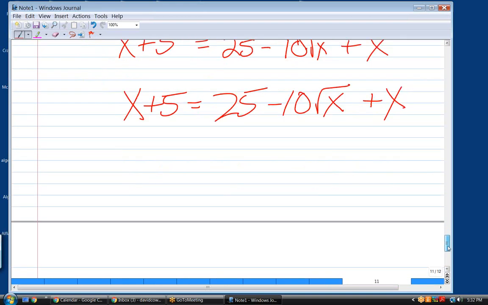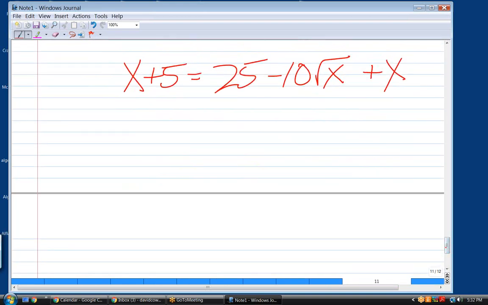Yeah. Okay, now what? Would you just subtract x plus 5 from both sides? All right. Well, clearly the x's cancel, right? I mean, let's start there.